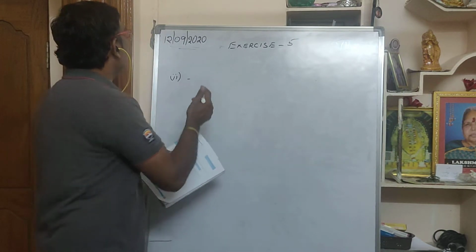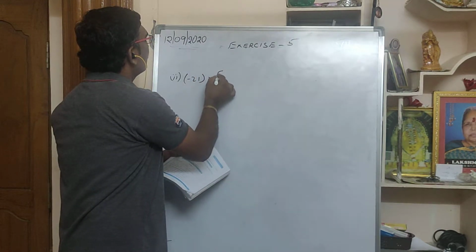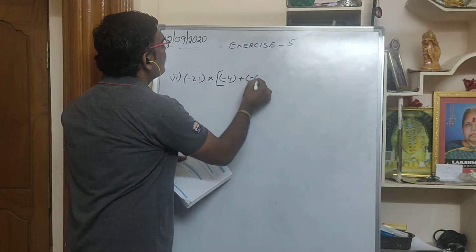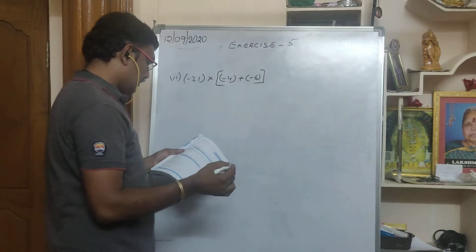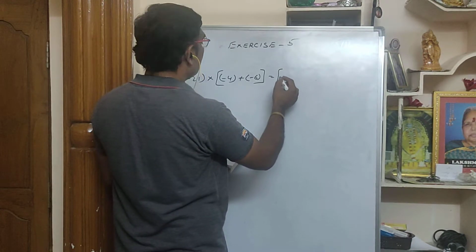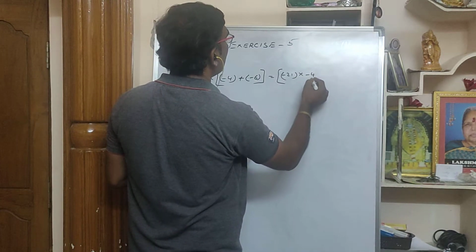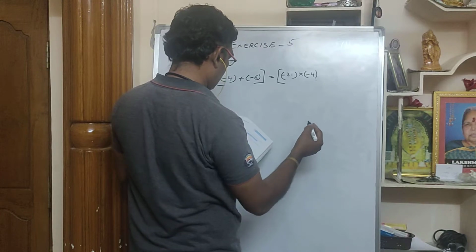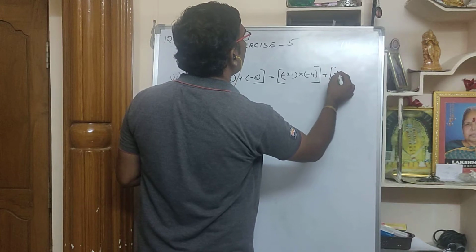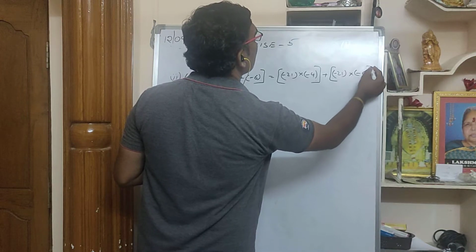In exercise 5, first problem, second bit. That is minus 21 into brackets open minus 4 plus minus 6 brackets close is equal to within brackets minus 21 into minus 4 brackets close plus again within brackets minus 21 into minus 6.